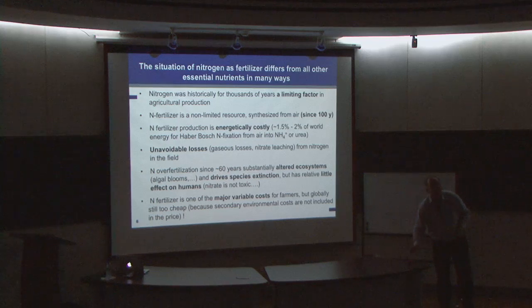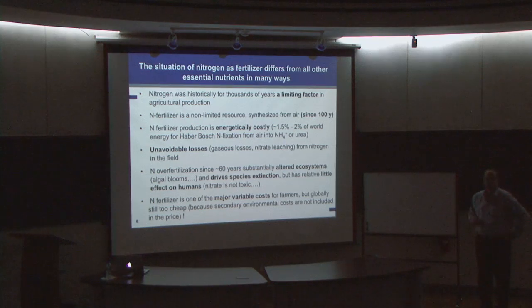We use nitric oxide as a relaxant, signaling relaxant in our muscles. So our body even produces nitrate. And a little bit of nitrate is even beneficial to humans. So for human health, it's not so much a problem, but for the environment it is.